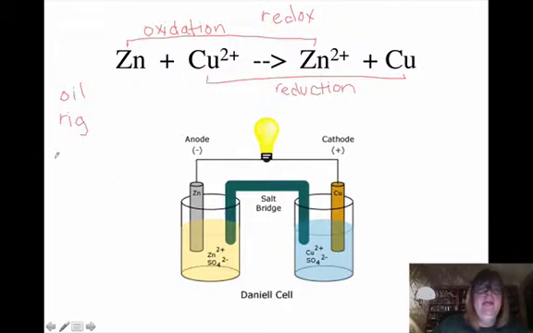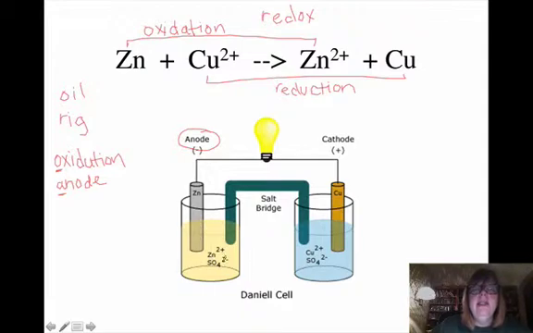And here's something we need to remember. We need to remember that oxidation occurs at the anode. So that zinc electrode is our anode. And the way I remember that is they begin with vowels. Okay, and anodes have a negative charge. So this is where oxidation is occurring.